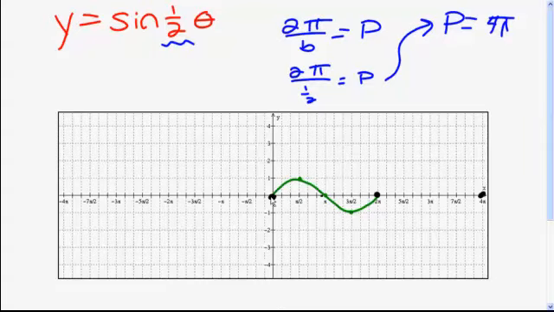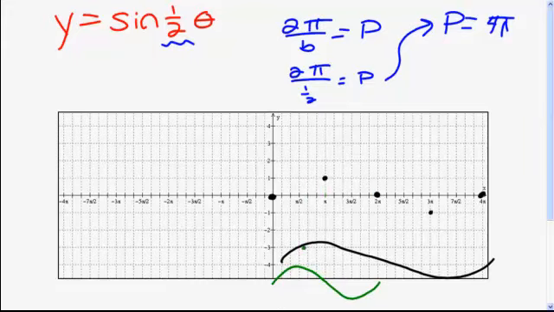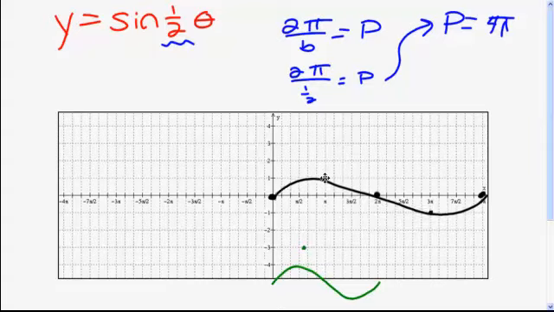And then halfway in between are the other 2 points. So at pi, I have it up at 1, and at 3 pi, it's down at -1. Connect, and it's quite an extended graph. So in this case, when my b value was a fraction, it actually stretched itself out.